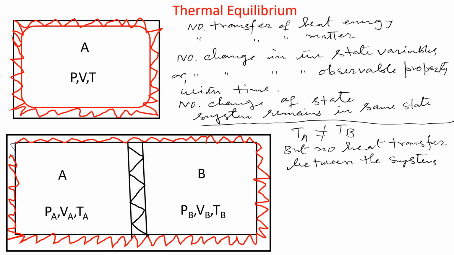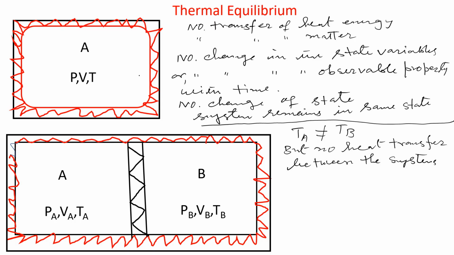When there is no heat transfer, the temperature of A remains constant TA, of B remains constant TB, and other state variables, pressure and volume, also remain constant for A and for B. That means system A is in a particular state, with no change in the state, because there is no change in the state variables. System B is also in a particular state. There is no change in the state variables and no change in the observable properties with time. So the temperature of system A remains constant for a long time. The temperature of system B also remains constant.